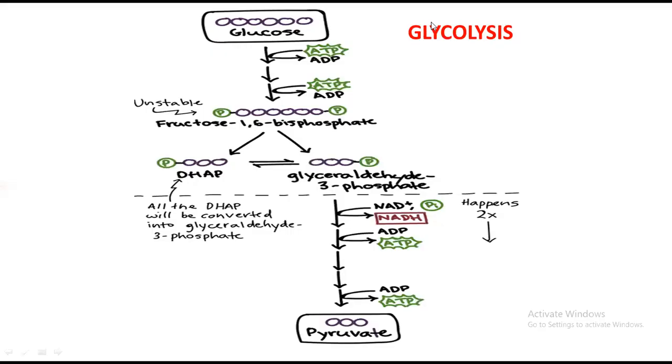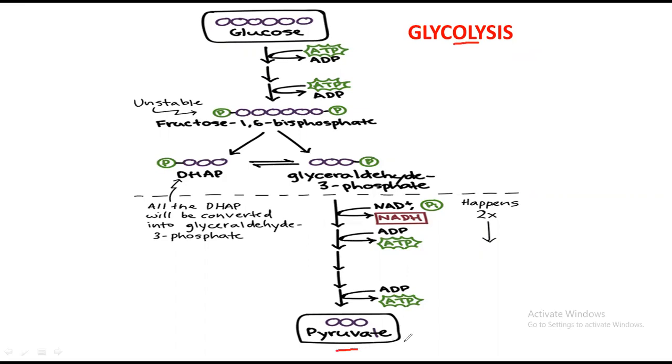First of all, I want to tell you that you are most familiar with the word glycolysis. In normal cases, in aerobic bacteria or even in our eukaryotic cells, when there is glucose, first by the help of glycolysis it is converted into pyruvate.